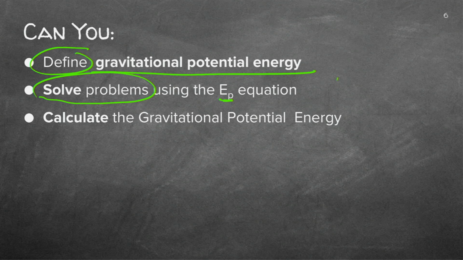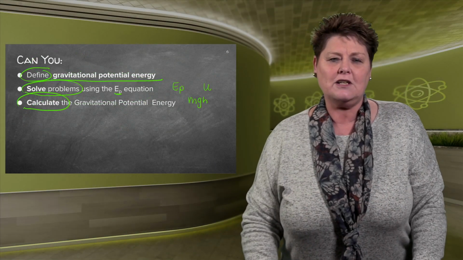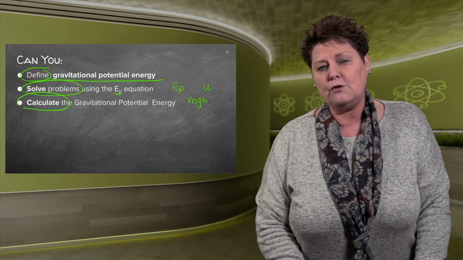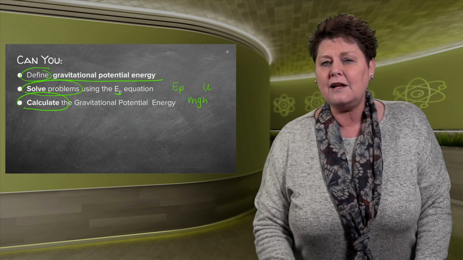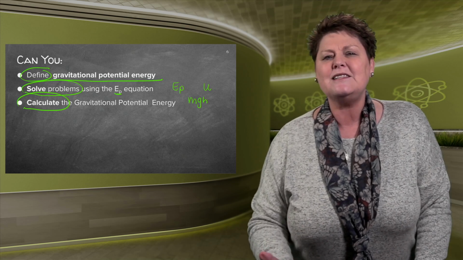And remember, you can either use EP or you can use U, and both of them will be equal to mgh. You have to do accurate calculations, guys, with all the values they give you. Work accurately, see that you work out every answer and let it make sense to you.